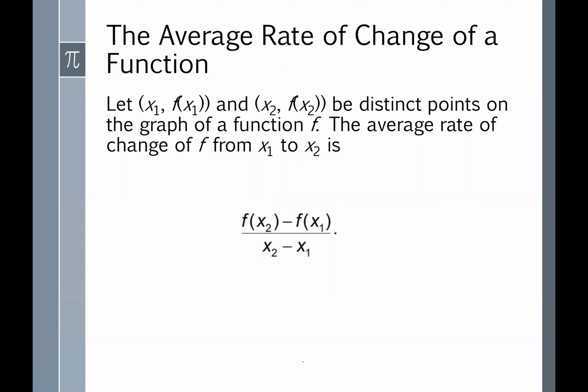So let (x sub 1, f of x sub 1) and (x sub 2, f of x sub 2) be two distinct points on the graph of a function f. Then the average rate of change of f from x sub 1 to x sub 2 is f of x sub 2, so f evaluated at x sub 2, that's y sub 2, minus f of x sub 1, that's the function evaluated at x sub 1, so that's y sub 1, divided by x sub 2 minus x sub 1.